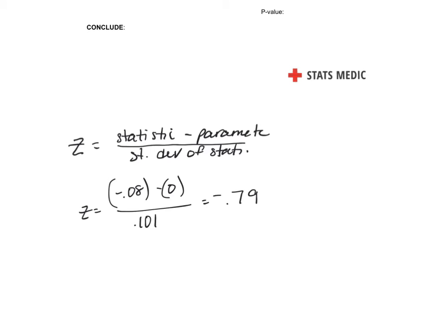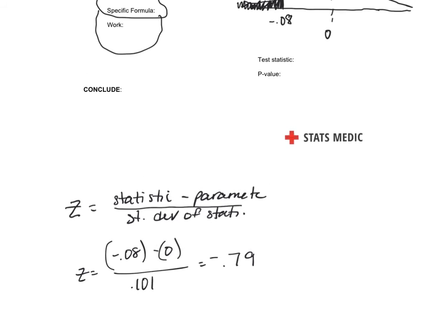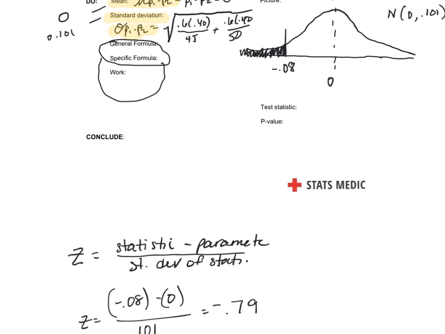And so from that, we end up with a p-value, right? If I went to my table, I could find that the p-value was equal to 0.2148. Okay.